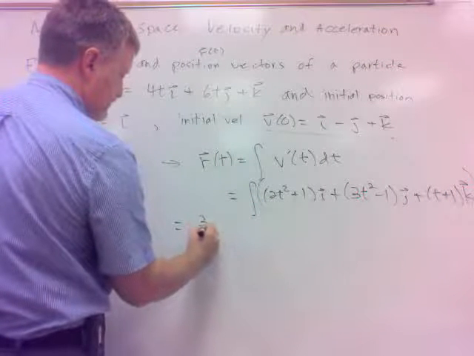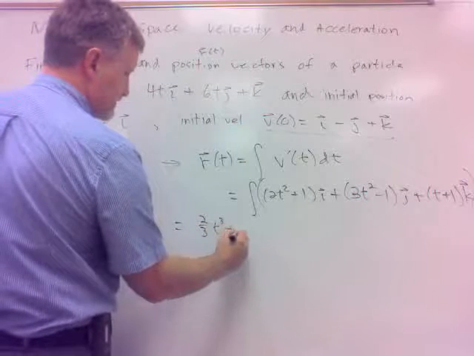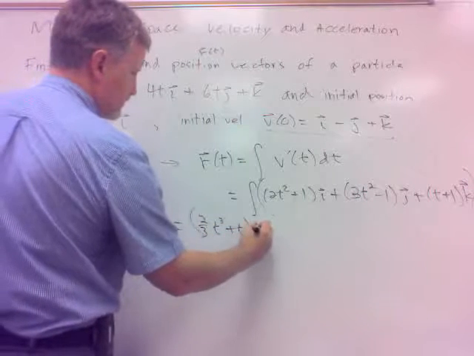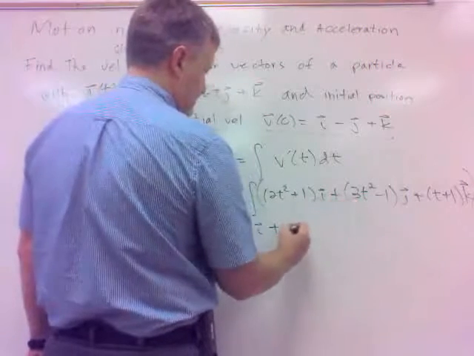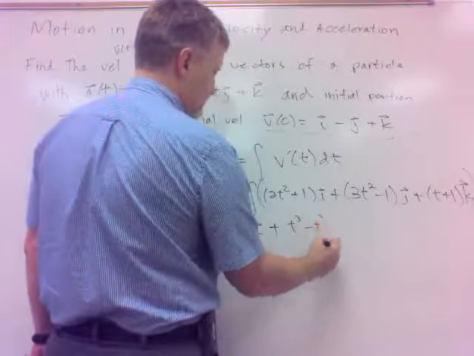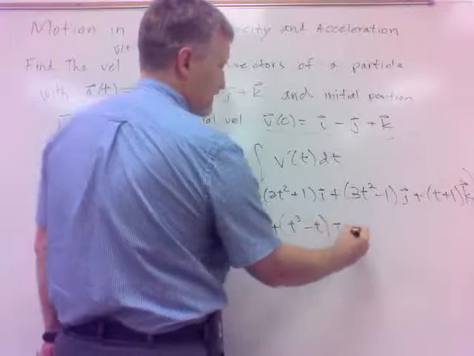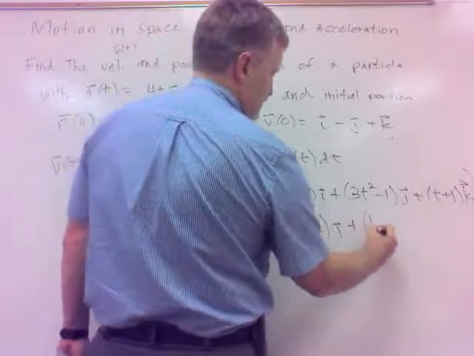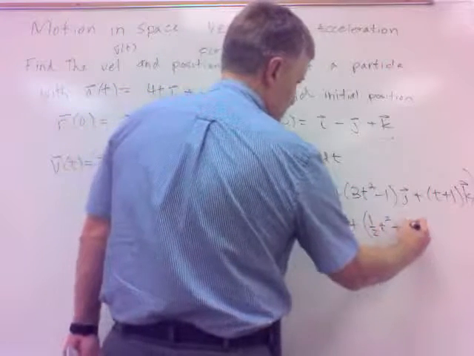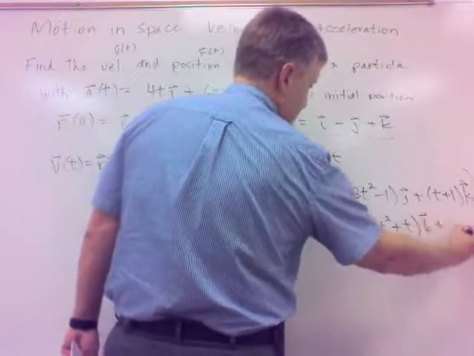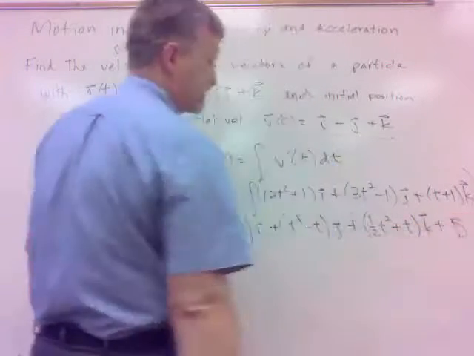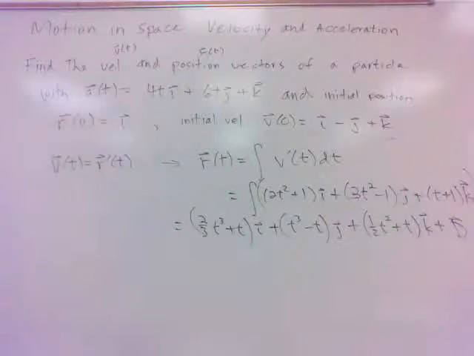(2/3 t cubed plus t) i plus (t cubed minus t) j plus (1/2 t squared plus t) k plus a constant vector. We called the first one c, so we'll call this one d.